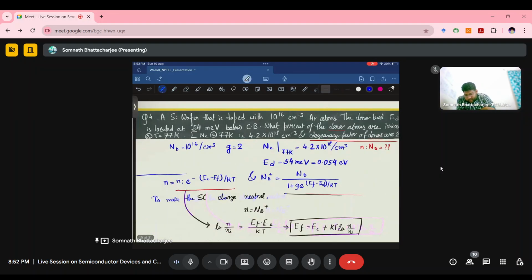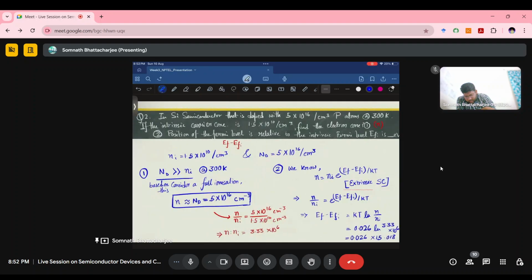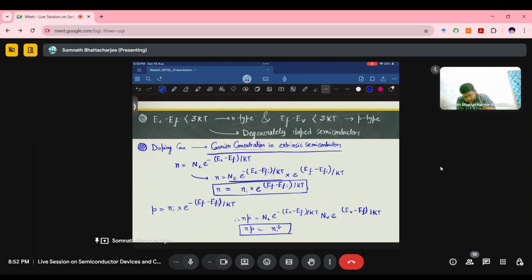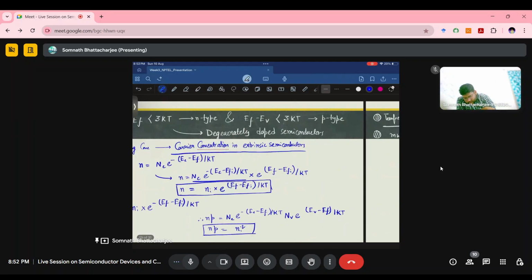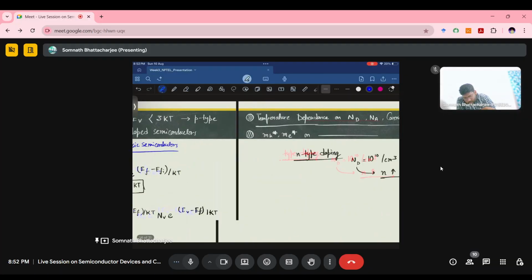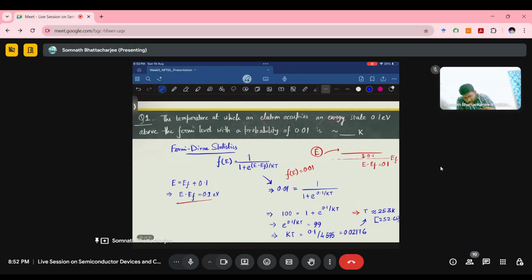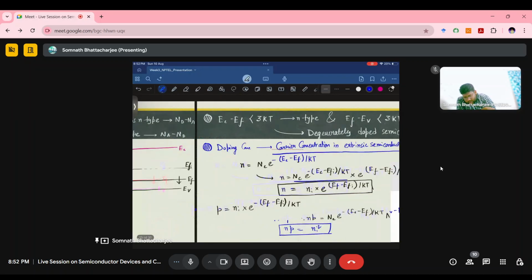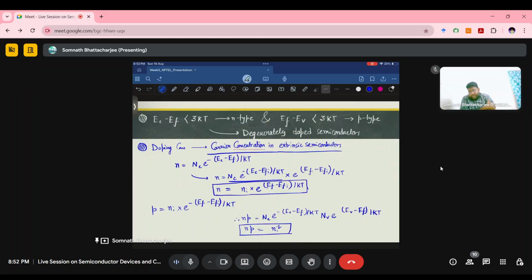For intrinsic cases, from NP equals Ni squared, you guys can get this.